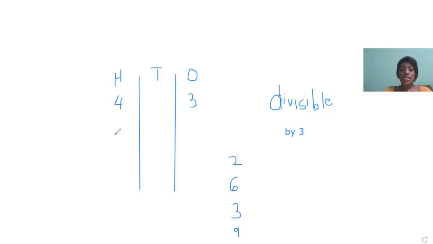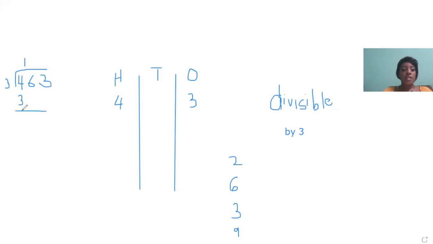So I need a number that's divisible by 3. I'm going to first try 6 before I put it here. I'm going to try it over this side. 4, 6, 3. And I'm going to do the division to see if it's divisible by 3. 3 into 4, 1. 1 three is 3.